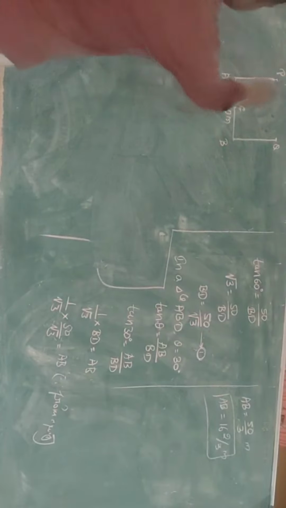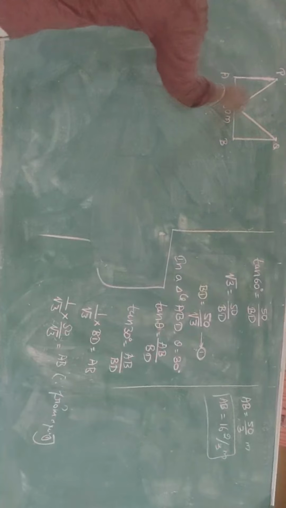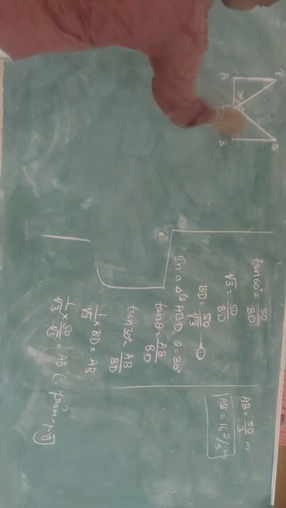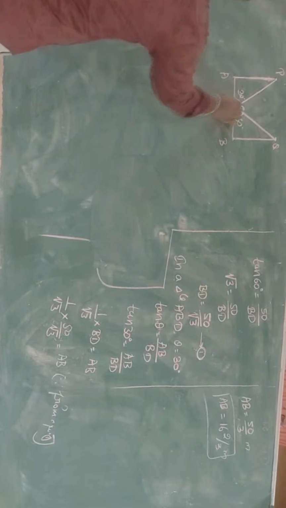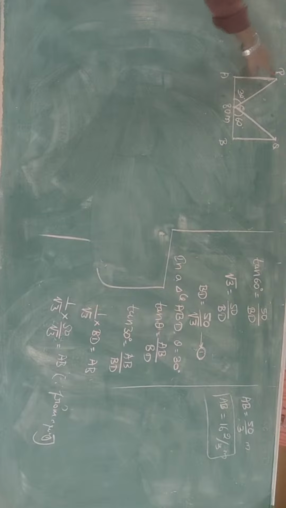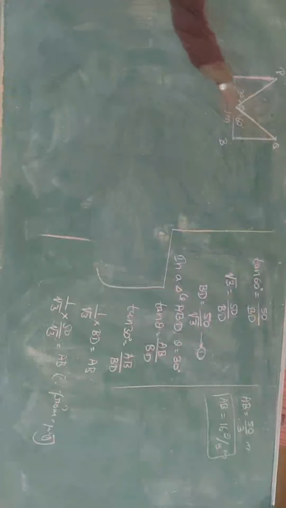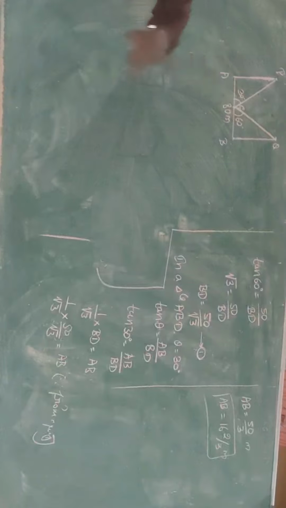Anyone you can take 30, either this one or this one, no problem at all. It is not exactly halfway on the road. The angle of elevation from the first pole to the point is 30 degree, and from the second pole to the point is 60 degree.